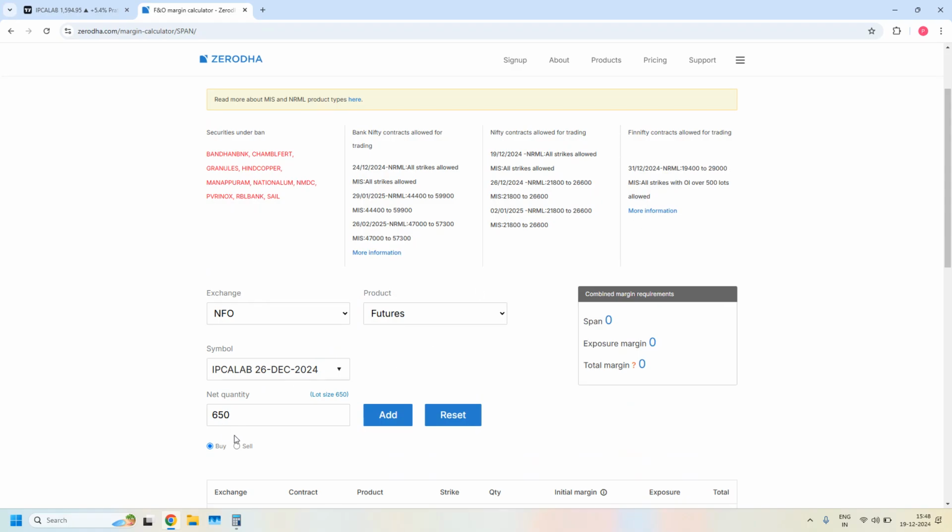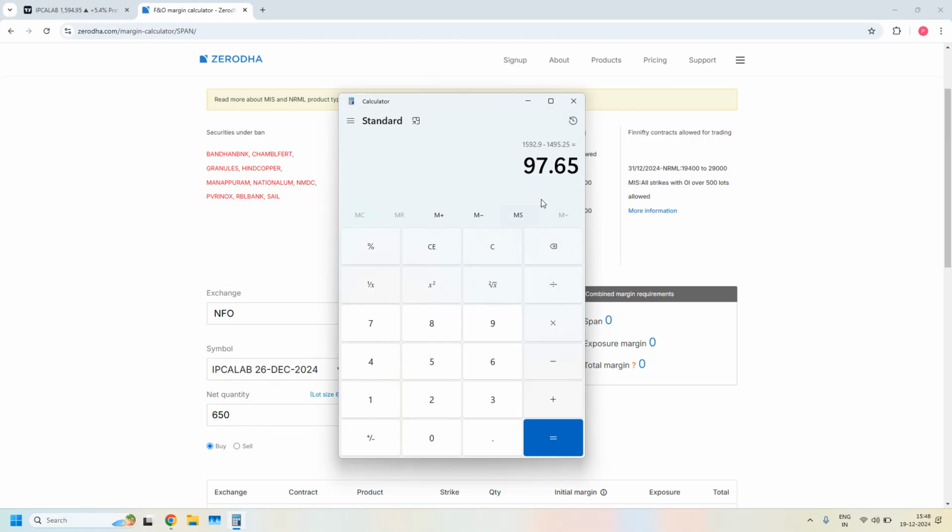So the lot size is 650. So you have to buy 650 quantity. That means 650 into 97.65. So 650 times 97.65 equals, you got 63,472 rupees profit in a single day.